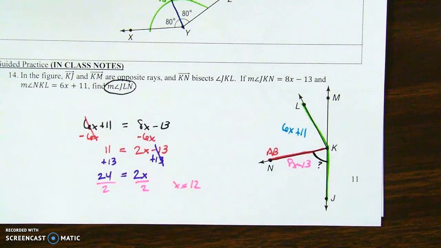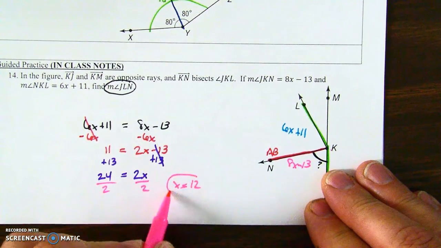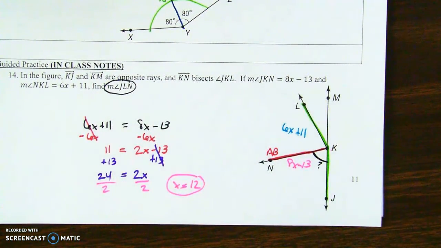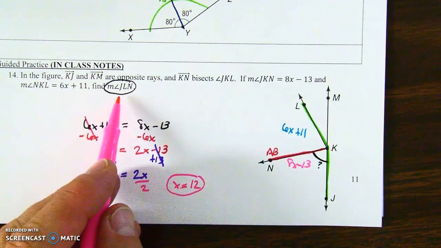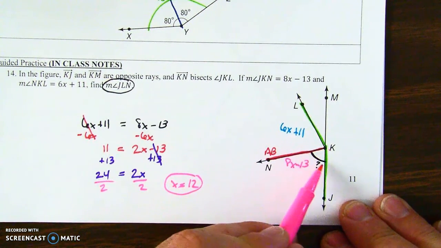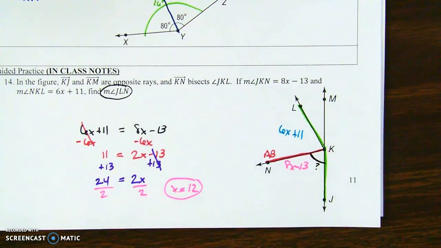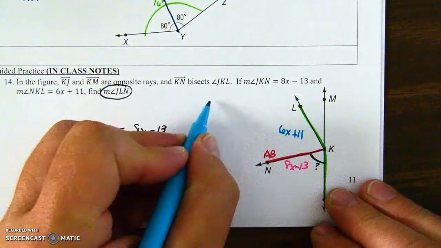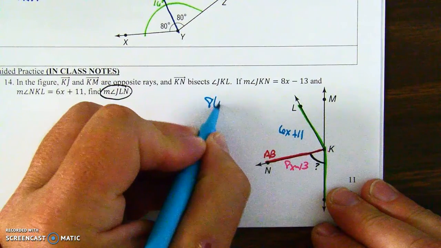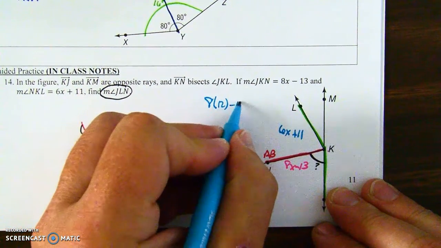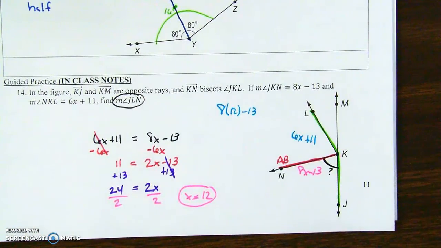Now, sometimes we think that this is our answer. But again, here's the trick. It says we need to find the measurement of this specific angle right here. So we need to plug this 12 back in and solve for that part. We're going to go 8 times 12 minus 13. What is 8 times 12? Where's my handy dandy calculator? I'll have to use my phone.